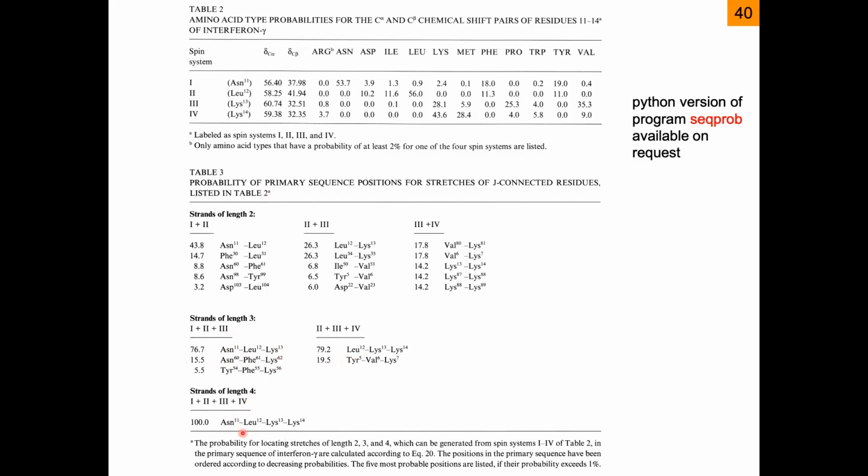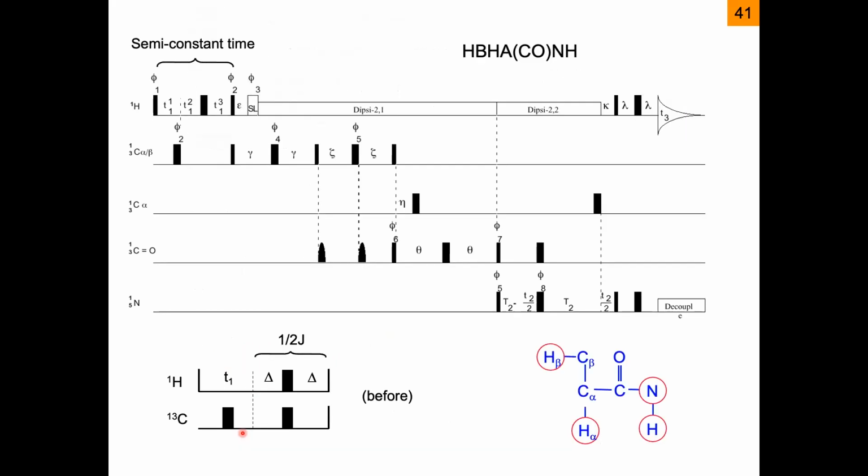So what next? Now we have started from the H beta. We could also detect the H beta frequencies. And we could just introduce an evolution period in this transfer between the proton and the carbon. And now comes this problem that I mentioned before. The proton to carbon coupling is 140 hertz.